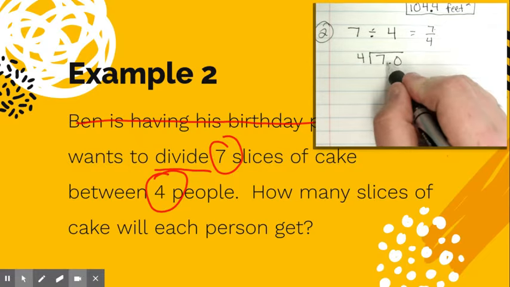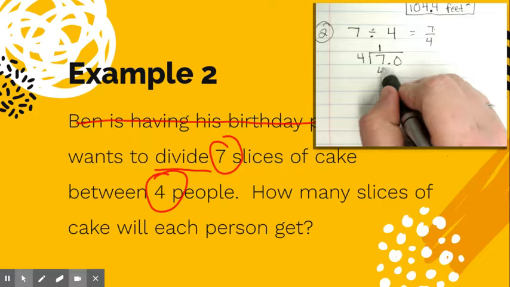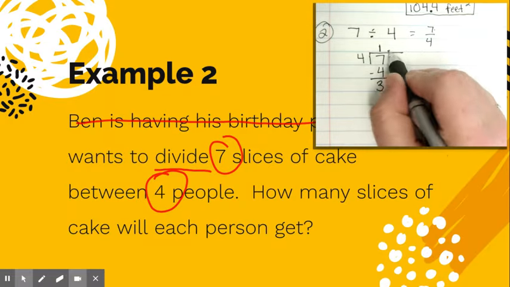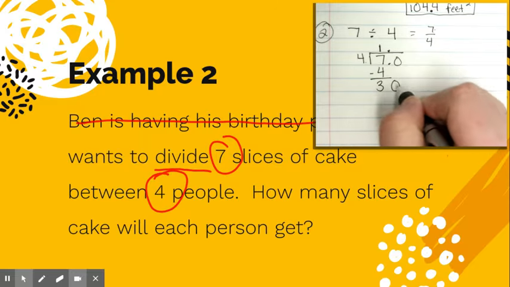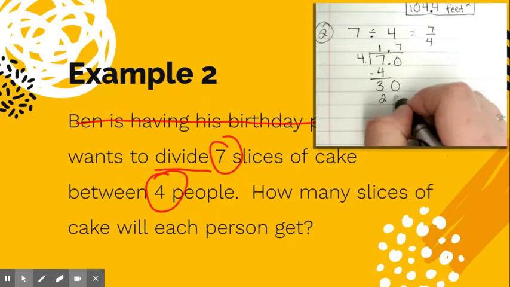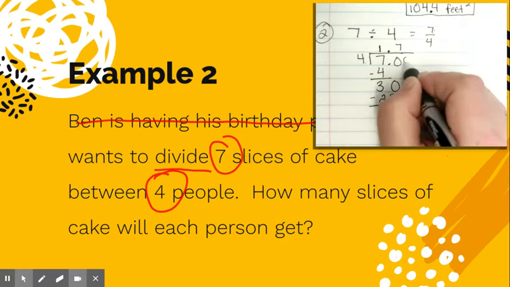4 goes into 7 once, because 4 times 2 is 8, right? So we can only do once. 7 minus 4 is 3. 4 goes into 30 how many times? 7 times, because 4 times 7 is 28. And then I have 2 left over.